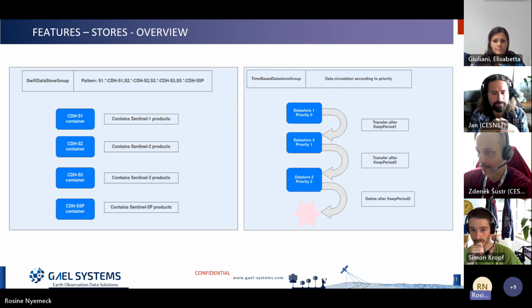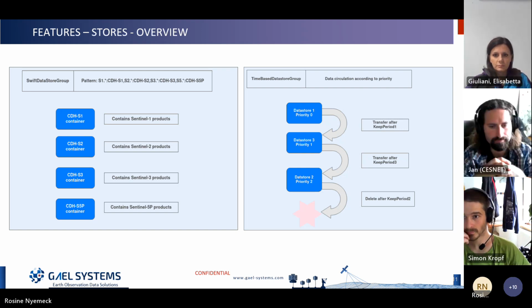This is just an overview of the data store groups, a representation. So we have a Swift data store group with the pattern that we showed you on the previous slide. And now we see that each product type is stored in a different container. On the right, we have the time-based data store groups with 3 data stores and a different priority set for each data store.